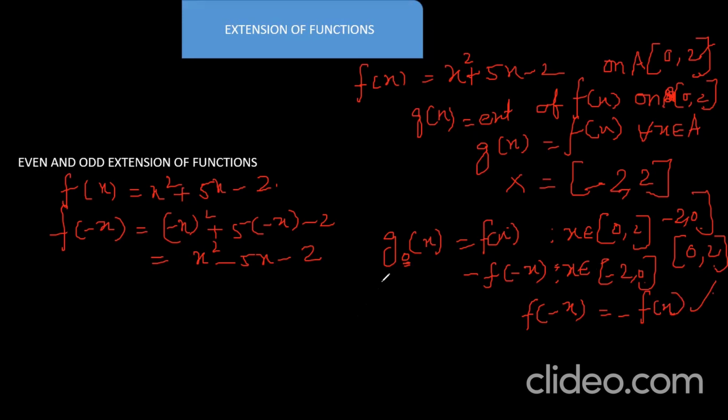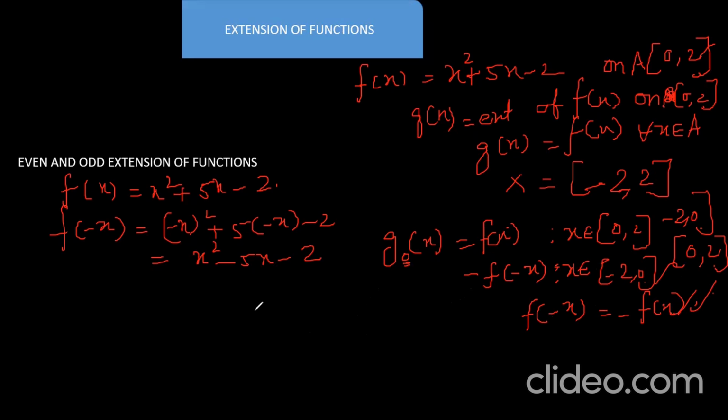So g e of x is equal to x square plus 5x minus 2, x belongs to (0, 2), x belongs to (-2, 0). In the same manner, g o of x, you are also getting the same, but here minus x square.